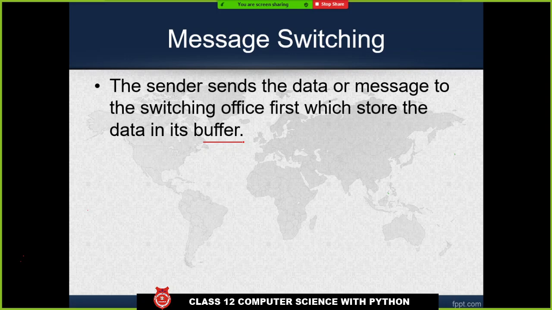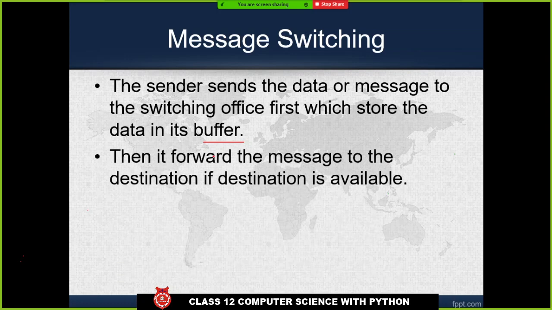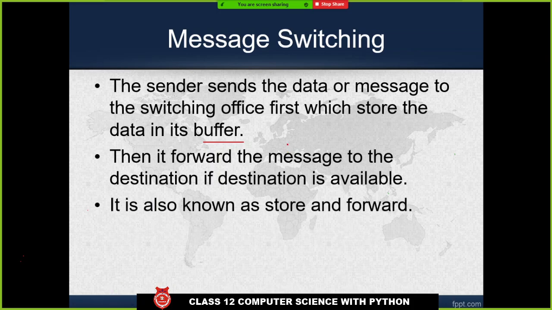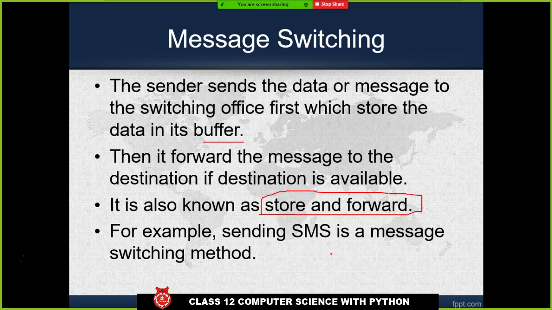It will be stored in the Airtel server. As soon as your friend comes to a place where he can receive it, the message will be forwarded to the receiver. That is message switching. It is also known as the store and forward method. SMS is one example. I hope it's clear.